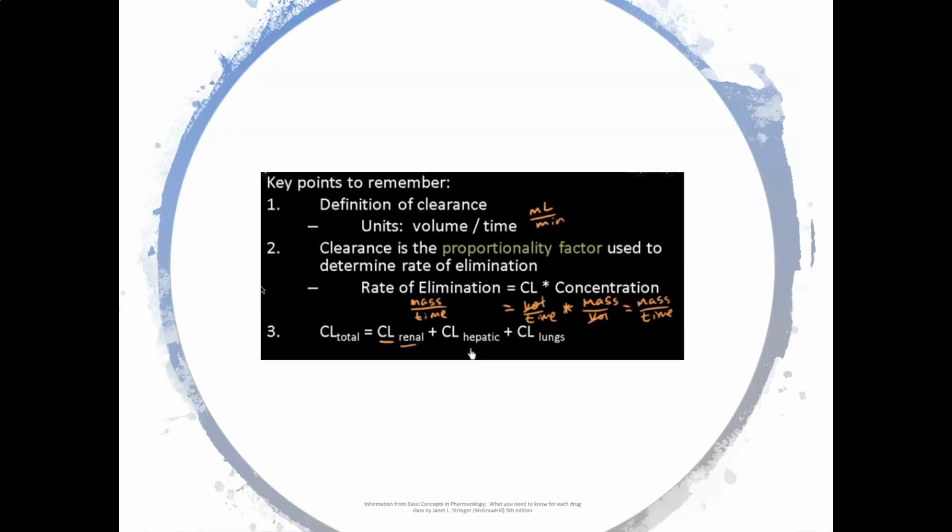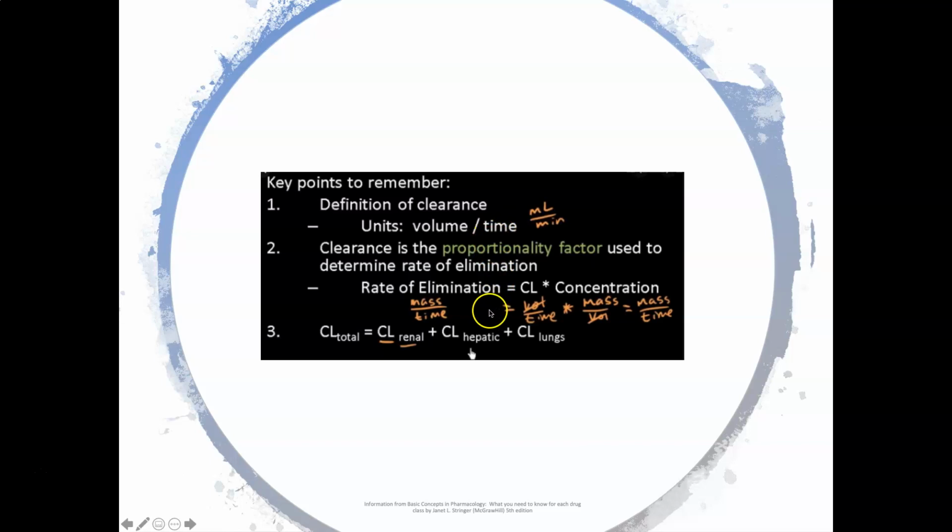So let's take a look at this. Again, you don't need to know these formulas. My point in showing you this is that clearance is measured in volume over time. How long is it going to take for us to get a volume of plasma that doesn't have the drug in it after you give the drug?